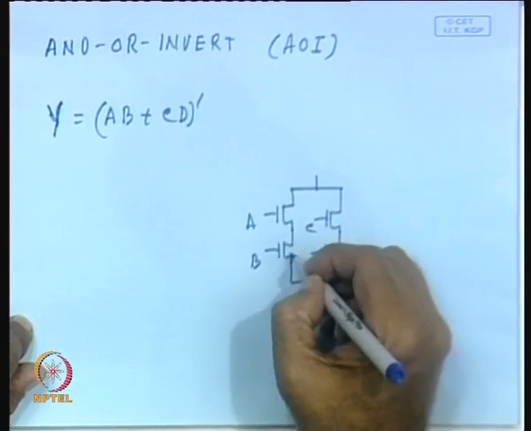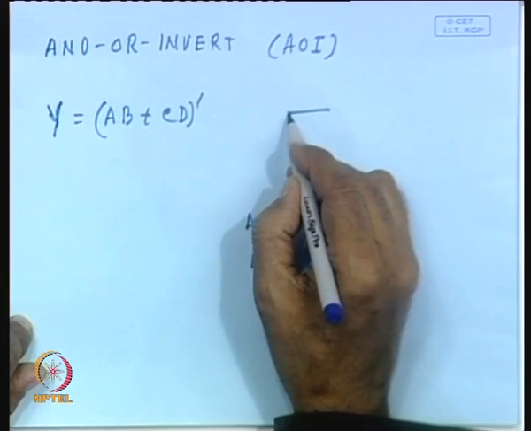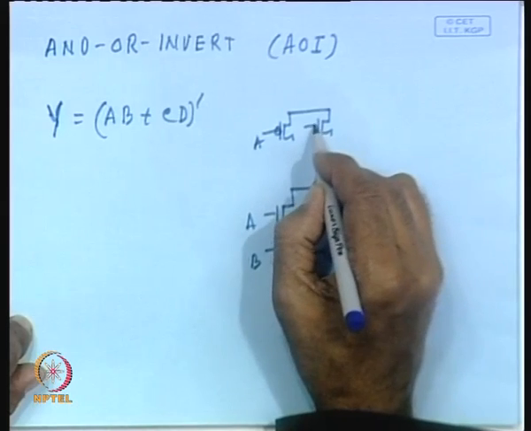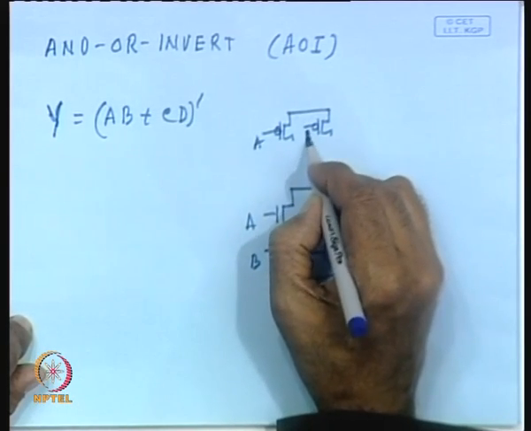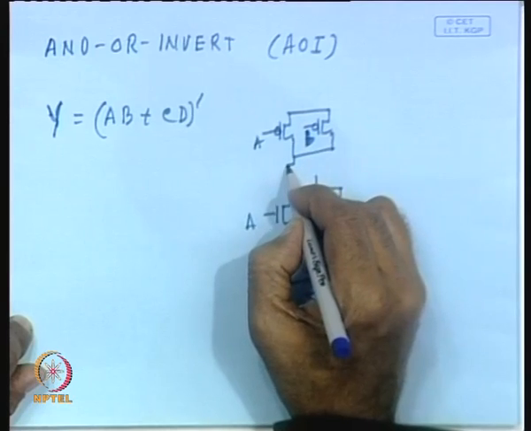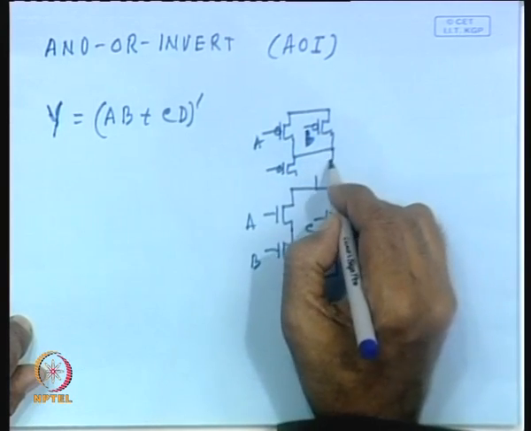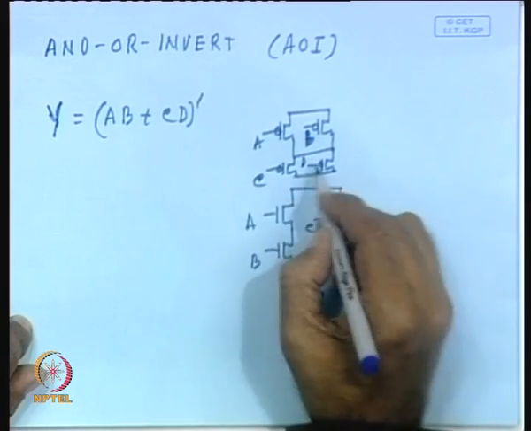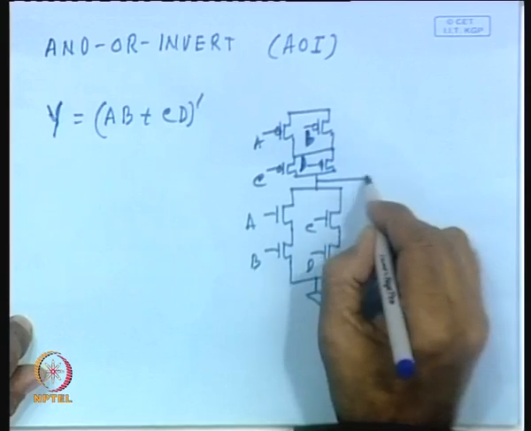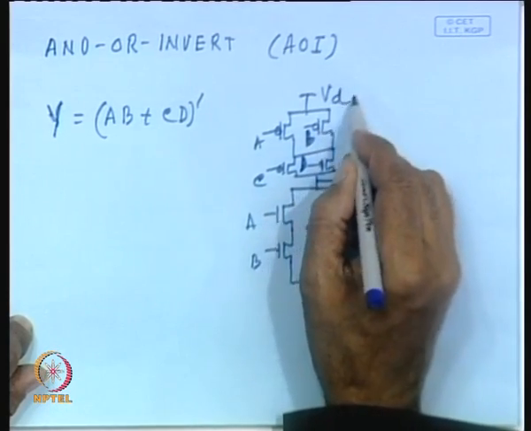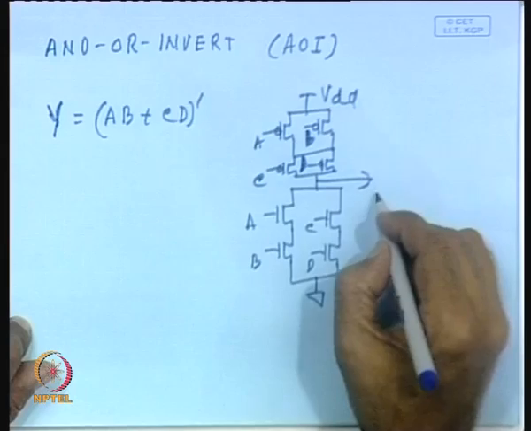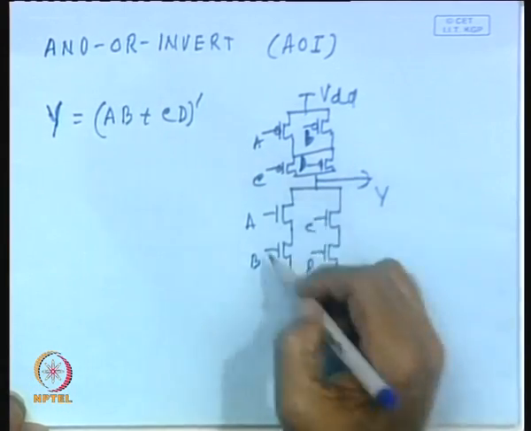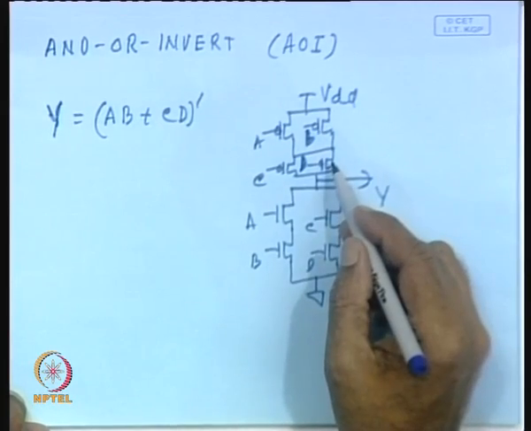Complement means A and B will now be in parallel, and C and D also will be in parallel. So, this is D, this is C, and you will take the output from here, this will be connected to VDD and this will be connected to output. So, this realizes Y. So, following AND or invert approach, you can realize a function in this manner.